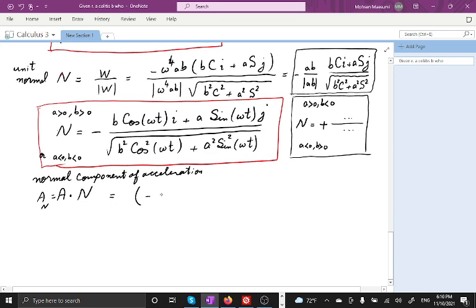So A from up there, A omega squared C i minus B omega squared S j. That's acceleration. Then times this one. Let me put all of this in one parenthesis so that it doesn't clutter too much.